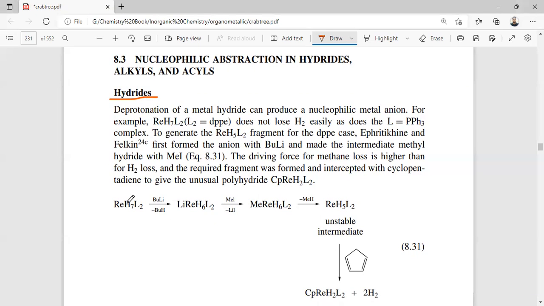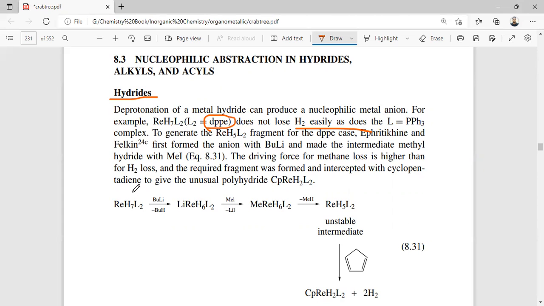So here, ReH7L2 needs to lose hydrogen to produce the hydride. It is not easy because the phosphine ligand dppe is present in this ligand framework.